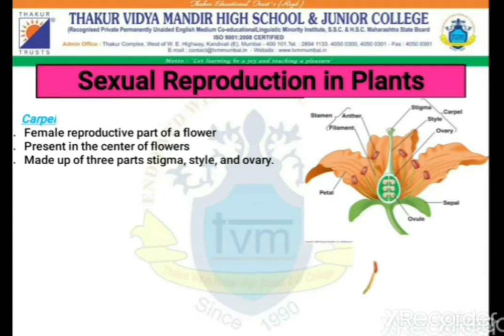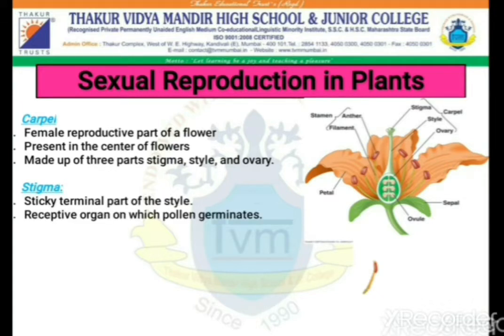Carpel is the female reproductive part of the flower, and it is present at the center of the flower, and it contains three parts, namely stigma, style, and ovary. Stigma, the first part. Stigma is the sticky terminal part of the style.